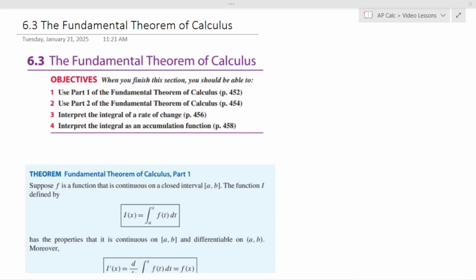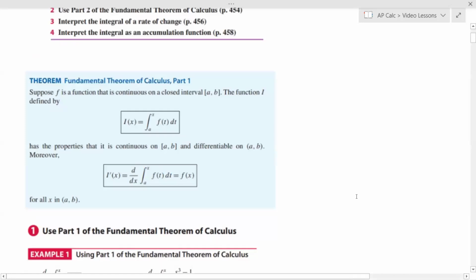Fundamental theorem of calculus, part one. Suppose f is a continuous function on the closed interval a to b. The function capital I, defined by I of x equals the definite integral from a to x of f of t dt, has the properties that it's continuous on a to b and differentiable on the open interval.